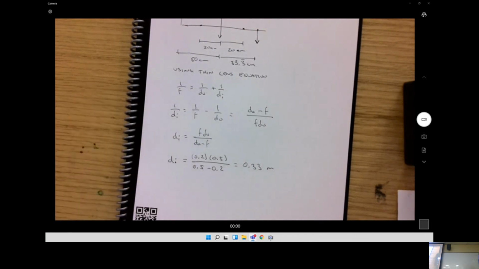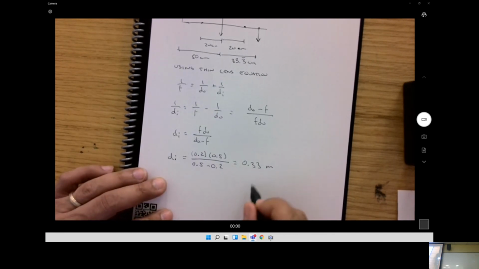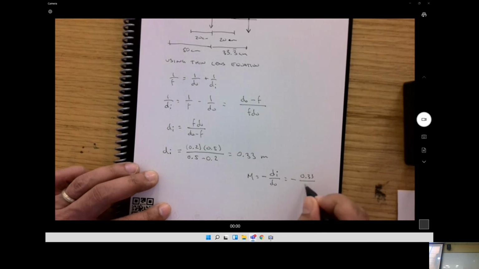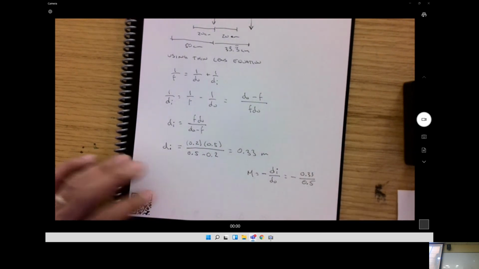I can calculate how big the image is with respect to the object. So I want to calculate the magnification of the lens, or the magnification of the image. And that magnification is going to be negative d sub I over d sub O. So in this case it will be negative 0.33 over 0.5.